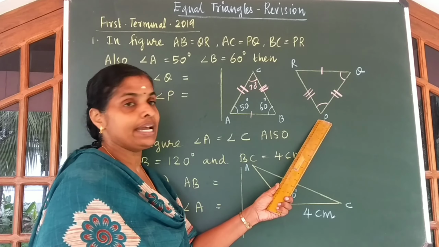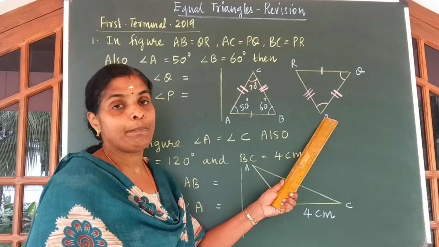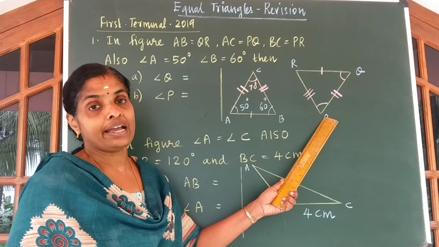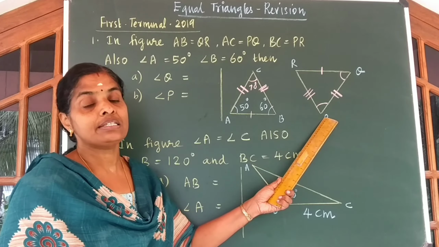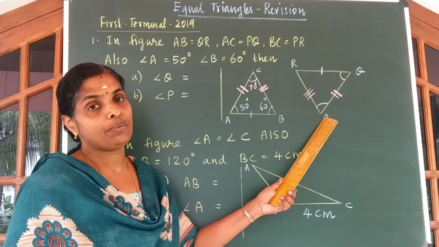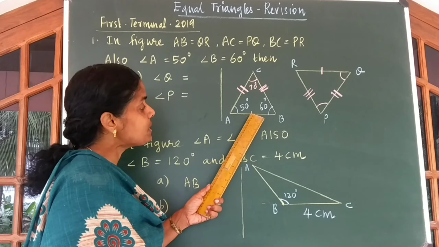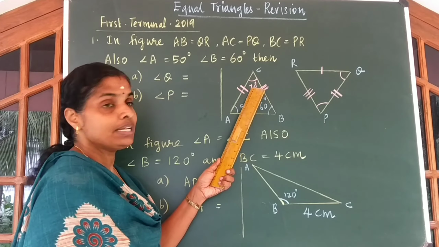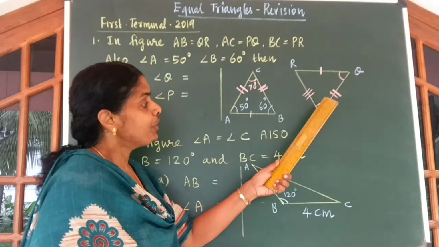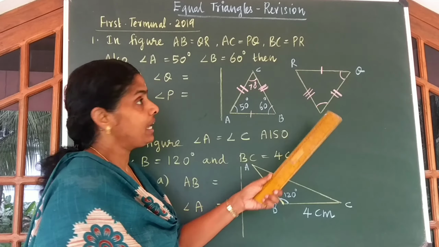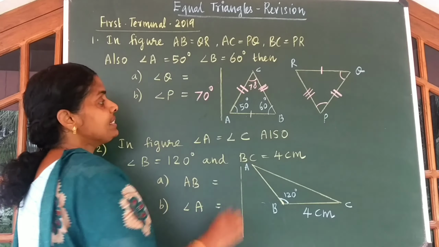Since all three sides are equal, triangle ABC and triangle PQR are equal triangles, and we have studied in the case of equal triangles, angles opposite to equal sides are equal. Now, opposite to the first side we have 70 degree. So we can say angle P is equal to 70 degree.